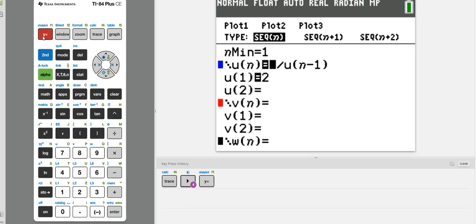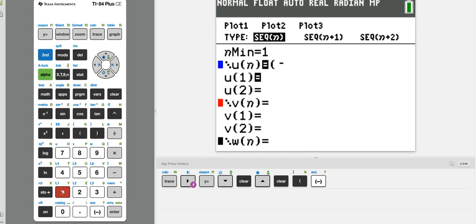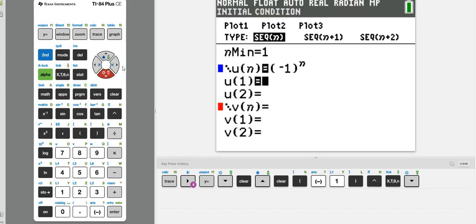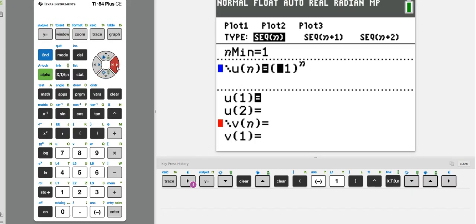So we'll hit the y equals key, and I'm going to clear out the stuff that's here. I'll put in the -1 raised to the n. And then I want that multiplied by 3. So times 3 times parentheses.